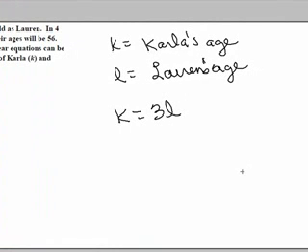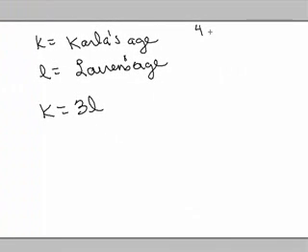Now, in 4 years, the sum of their ages will be 56. So 4 years from now, the sum of their ages would be 56. So I'm going to write 4 years from now. Carla's going to be K plus 4 years old.